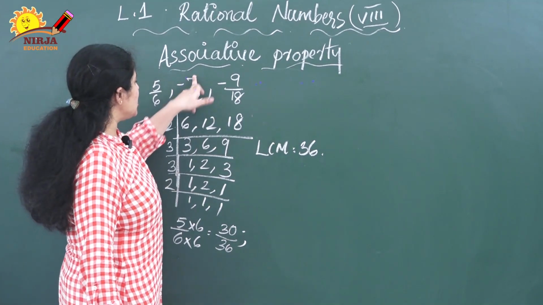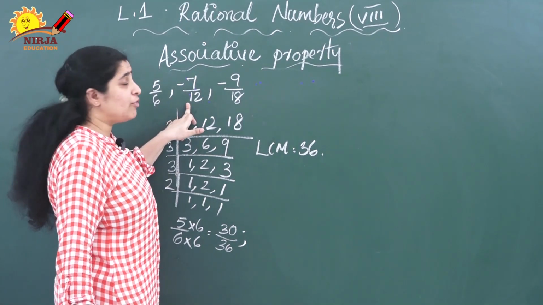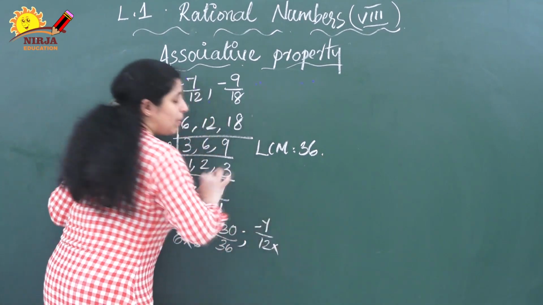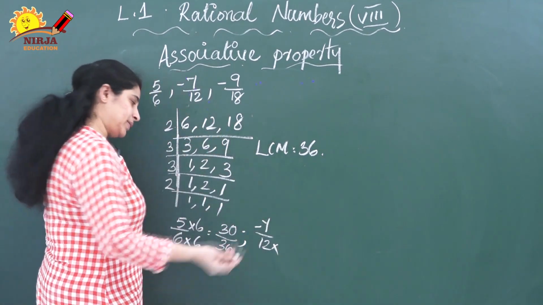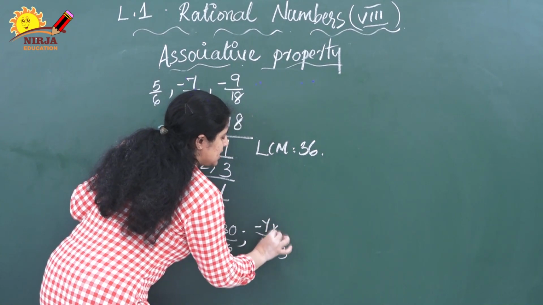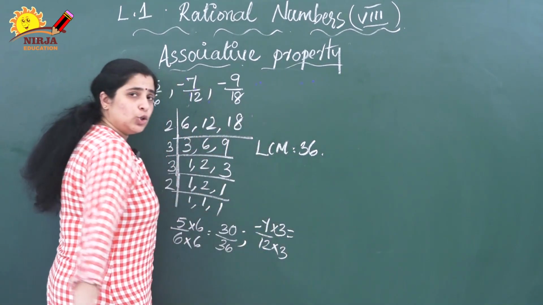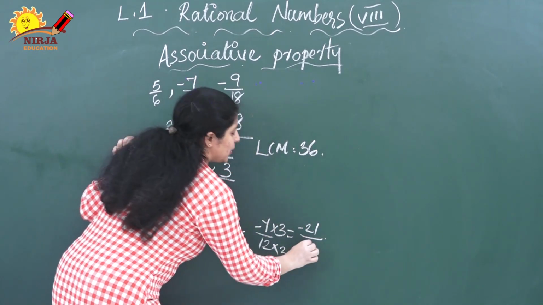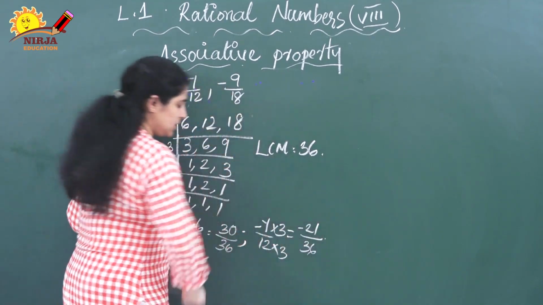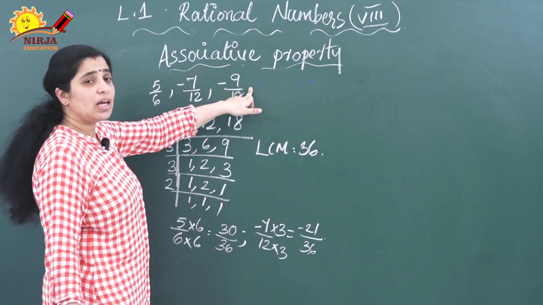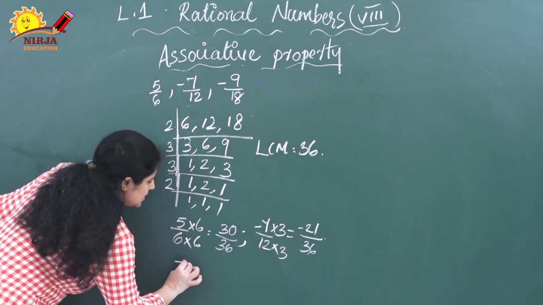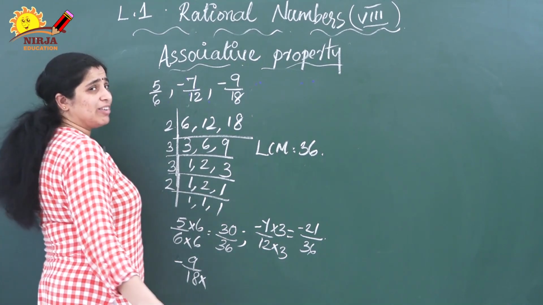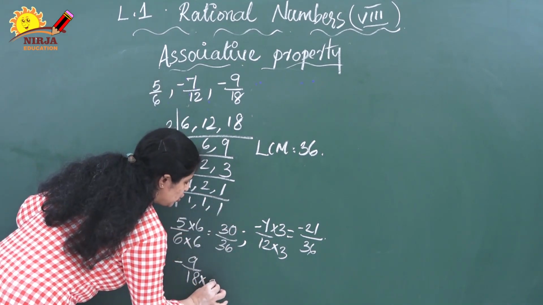Now I am going to change the denominator of -7/12. By which number do you have to multiply? Yes, 3. Multiply the numerator by the same number: 7 3s are 21 and 12 3s are 36. Now change the last number, that is 9/18. By which number do you have to multiply? Yes, 2.